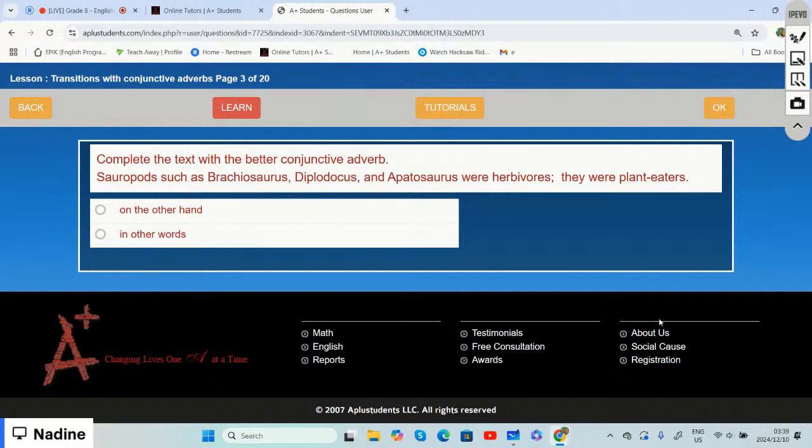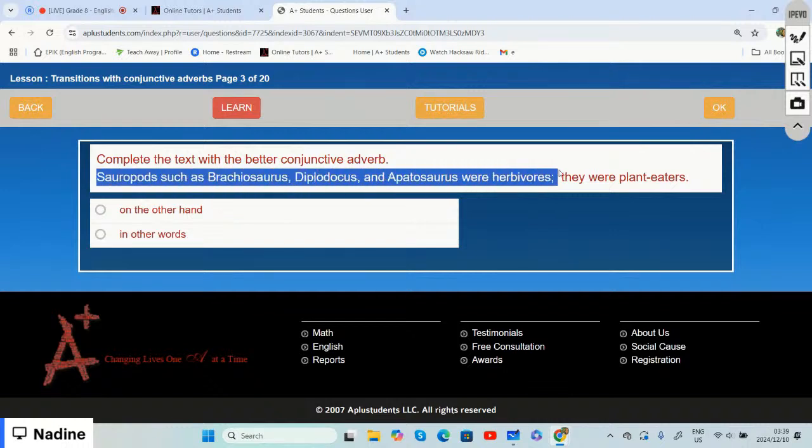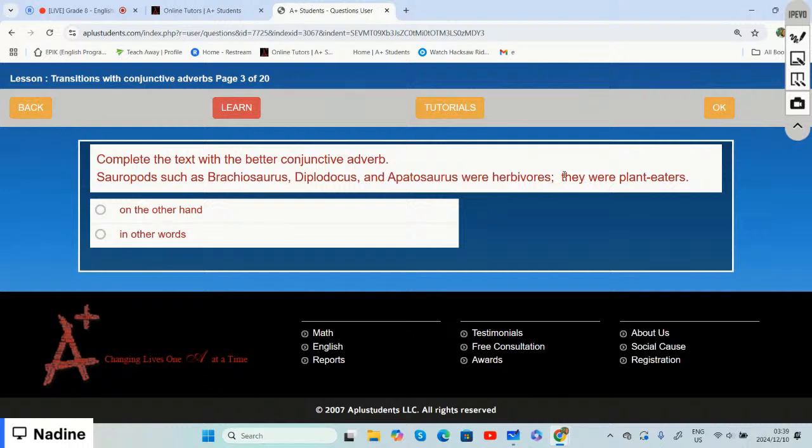So now, if we made mention of these animals, saying that they were herbivores, do we say, on the other hand, they were plant eaters? Or do we say, in other words, they were plant eaters? Which one is correct? Do we have to say, on the other hand, they were plant eaters, or in other words, they were plant eaters?